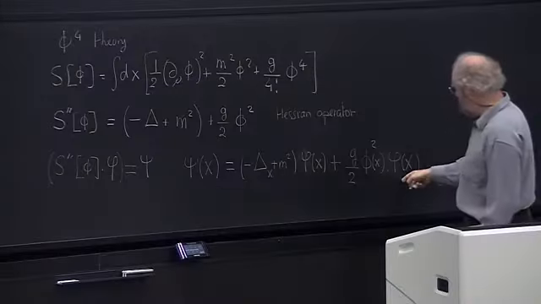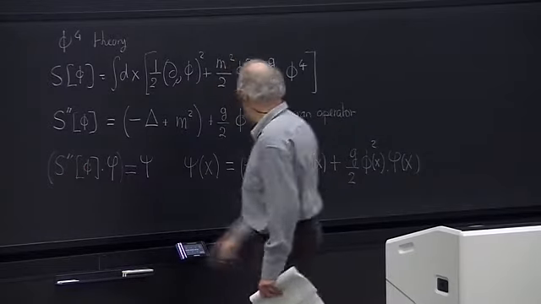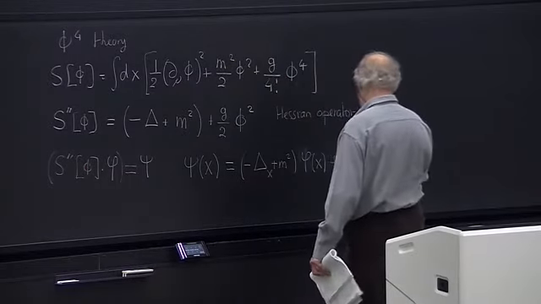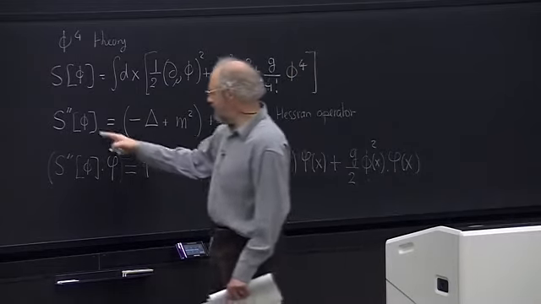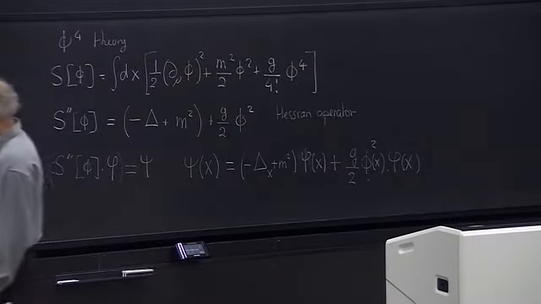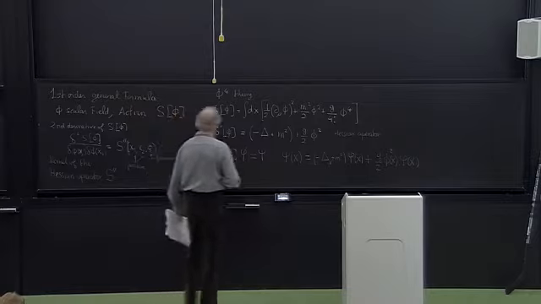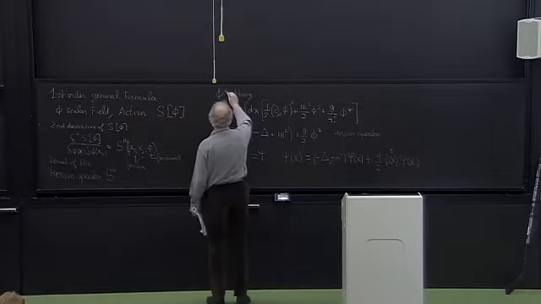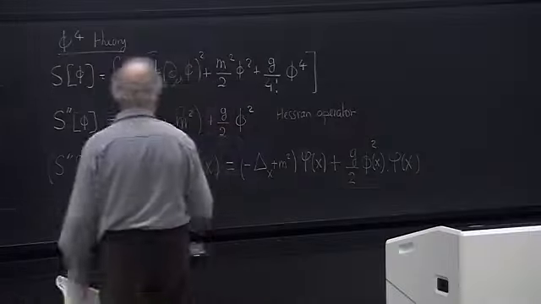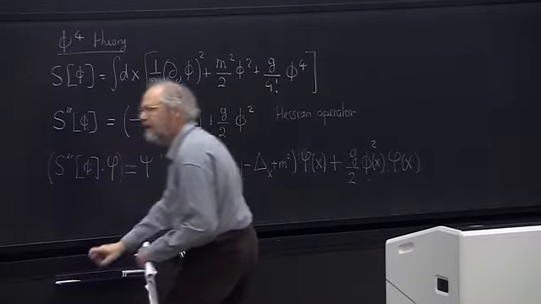So you see, this varphi is the function to which we apply the operator, and the phi of x squared, here phi is the function at which the Hessian operator is evaluated. Okay. Good. So this is going to be important. Okay, so keep this formula in mind.